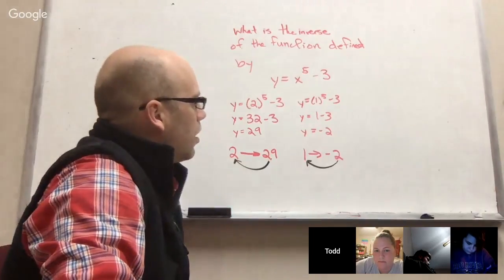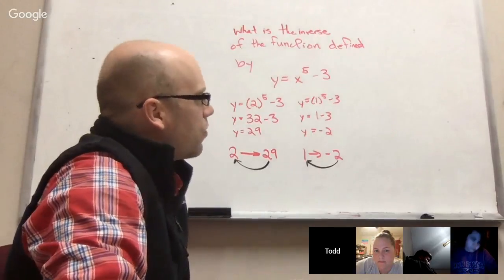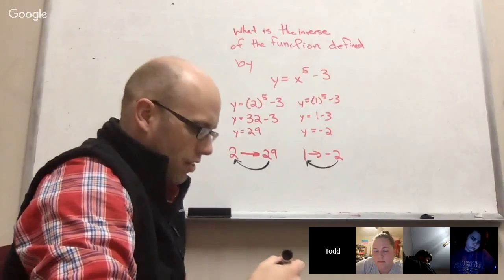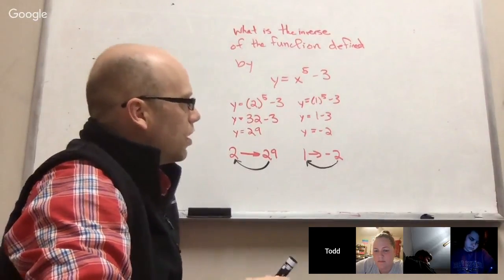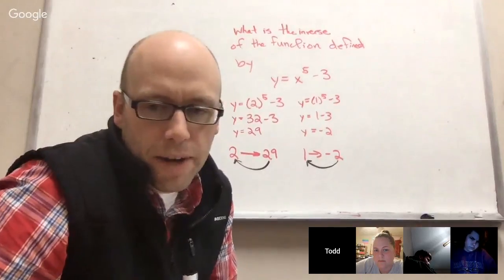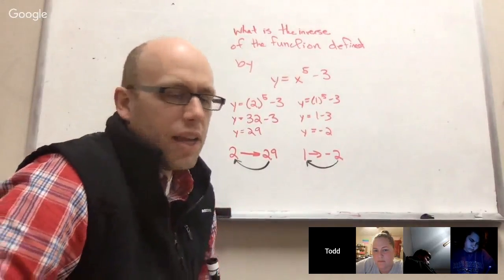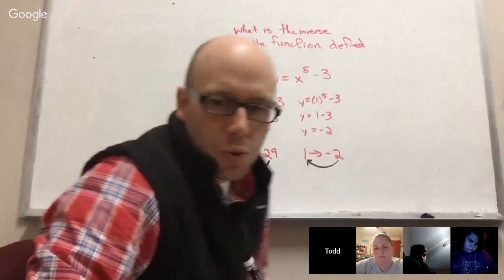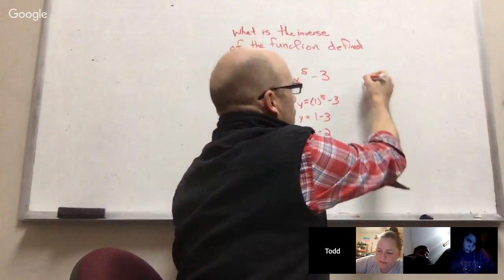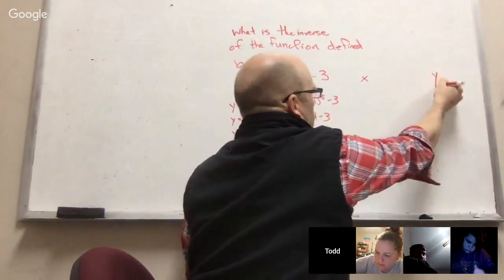So what we need to do is figure out how we are actually going to do that. One thing we can do is a procedure, which I want to talk about in just a second. But if we think about this idea of undoing, you can get the inverse pretty easily.